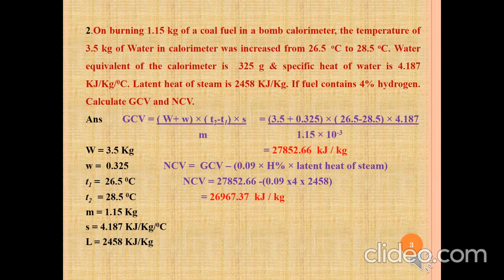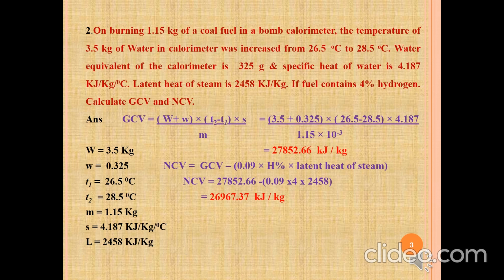T2, the final temperature, is 28.5 degrees Celsius. Next, mass of the fuel M is 1.15 kg. Next, S, specific heat, is 4.187 kilojoules per kg per degree Celsius. Next, L, latent heat of steam, is 2458 kilojoules per kg.